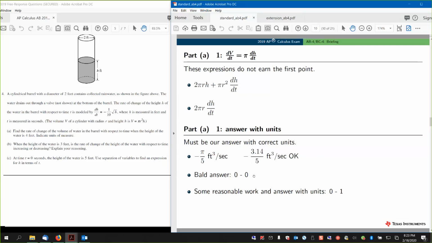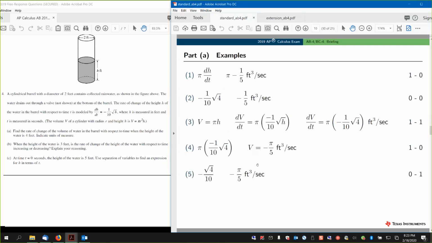Bald answers here in general earned no points in Part A. What's a bald answer? That is only an answer, where some supporting work is expected. It was possible for a student to give us some reasonable work and an answer with units and earn a 0-1, but in general, bald answers got 0-0.